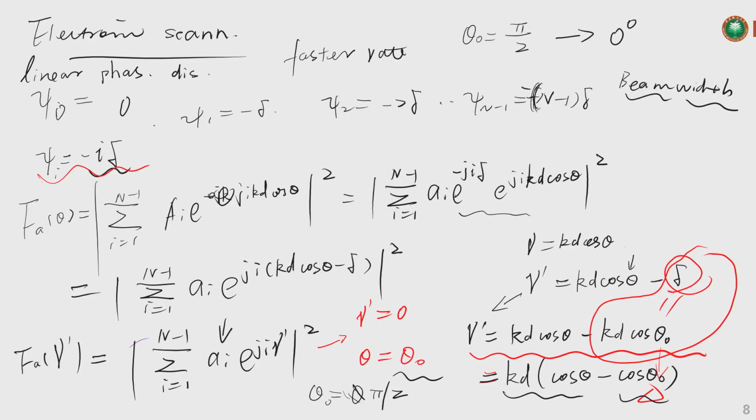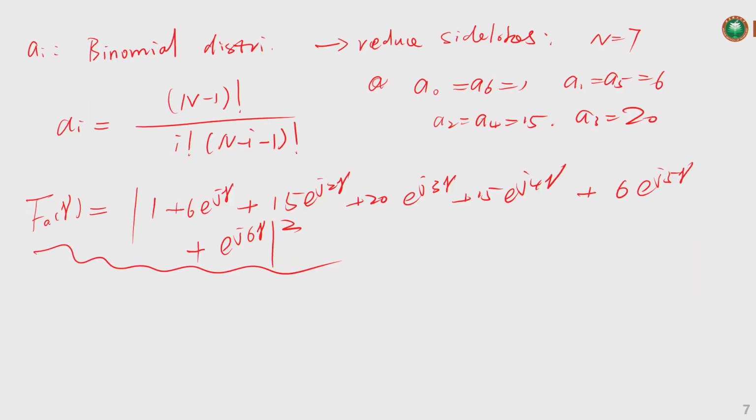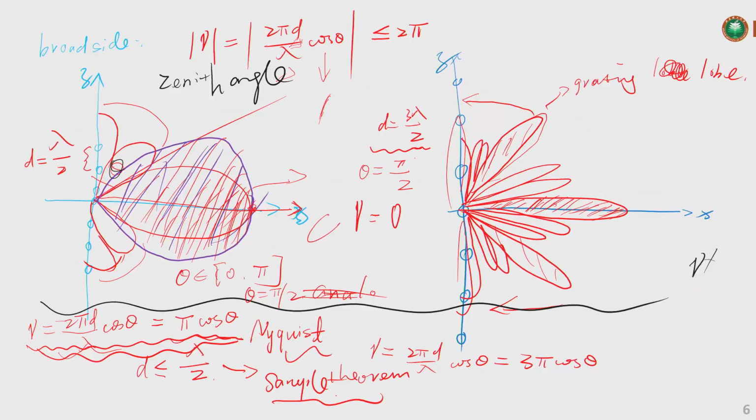Actually, the side lobes or the variation of the side lobes will not be changed, but the beam width can be changed like this. So when we want to steer the beam, for example, plot like this.